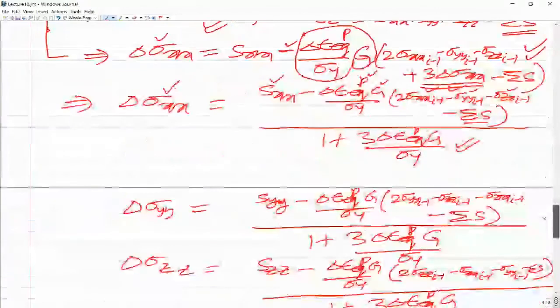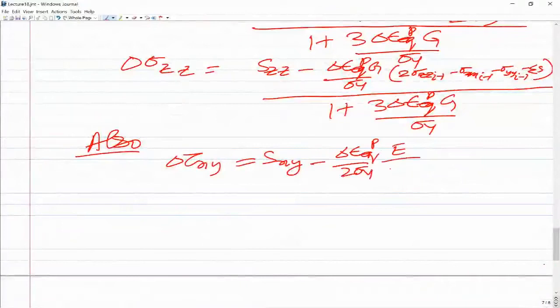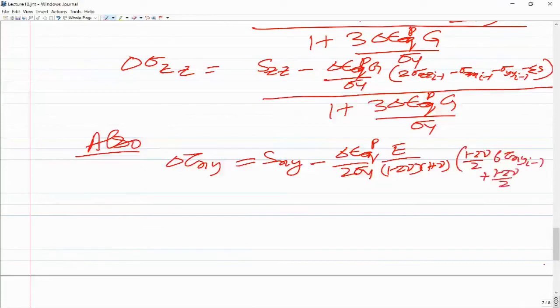You will see that delta tau xy will be equal to sxy minus delta epsilon equivalent p upon twice sigma y into E upon 1 minus 2 nu into 1 plus nu, and inside this we will have 1 minus 2 nu by 2 into 6 times tau xy at I minus 1 plus 1 minus 2 nu by 2 into 6 times delta tau xy.